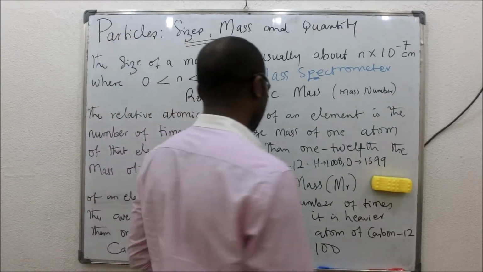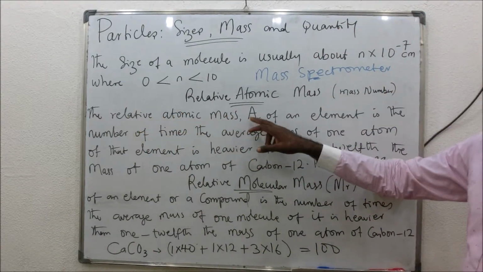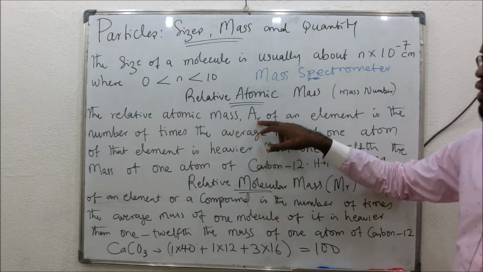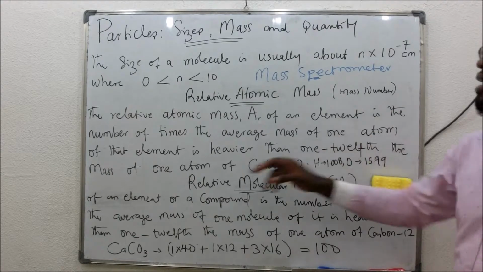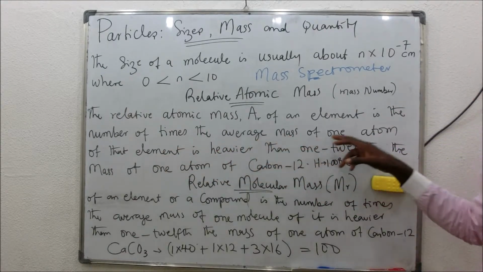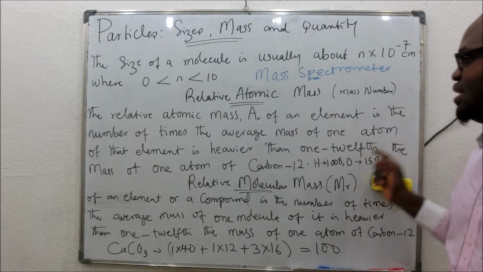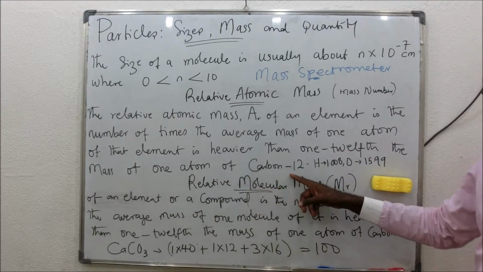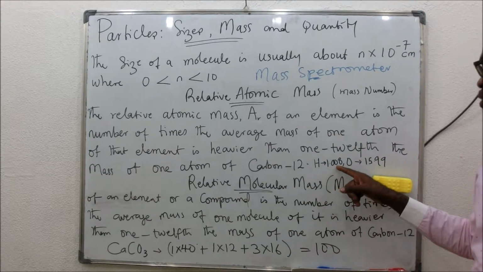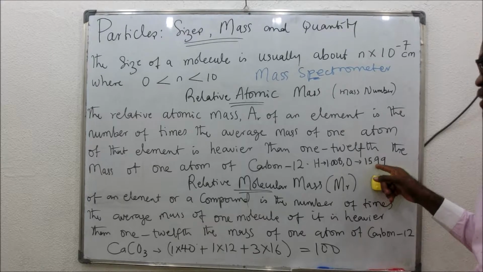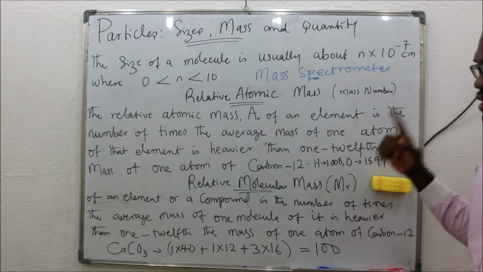So the relative atomic mass, Ar, where R stands for relative and A for atomic mass, of an element is the number of times the average mass of one atom of that element is heavier than 1/12 the mass of one atom of carbon-12. So hydrogen is 1.008 and oxygen is 15.99, so you can easily say the mass number of oxygen is 16.